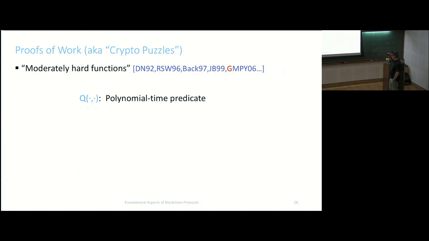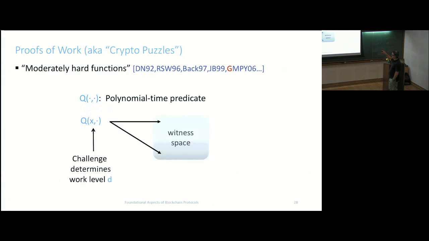You can think of a proof of work as a polynomial time predicate with two arguments. The first is the stuff you're concerned about, like the transactions, and you have to find the second argument in this witness space.